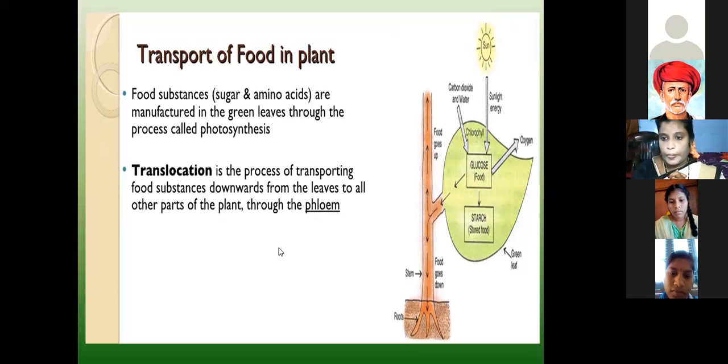Why? Because plants create their own food and do not depend on others. The remaining living organisms get food depending on others, but plants prepare food by themselves.